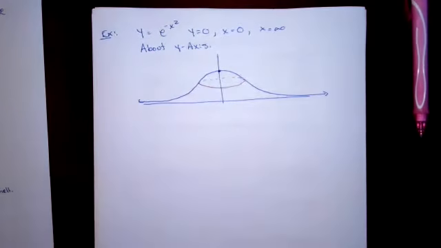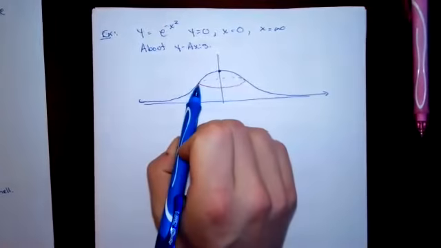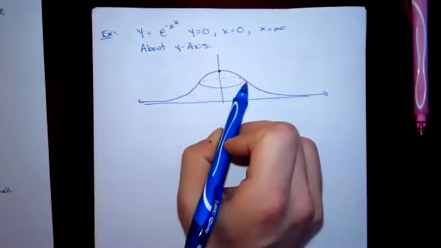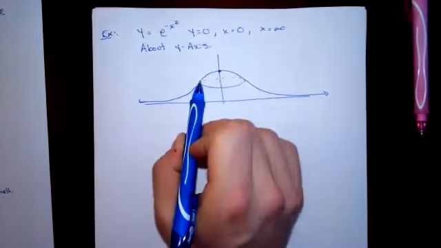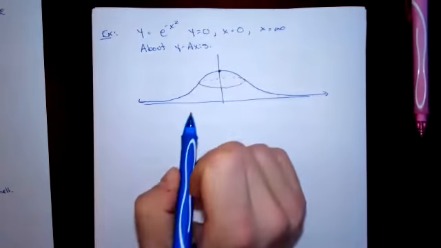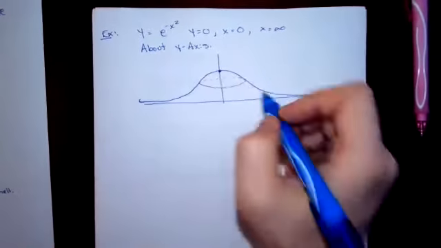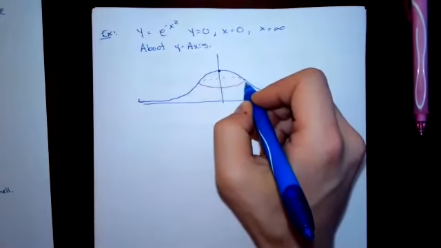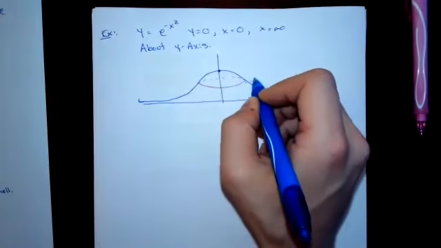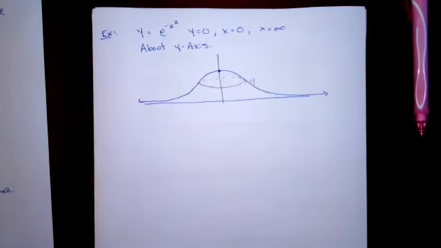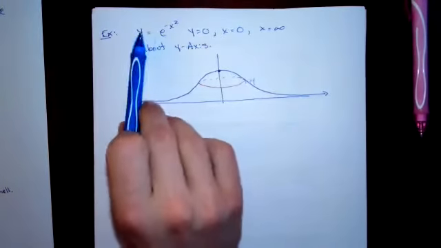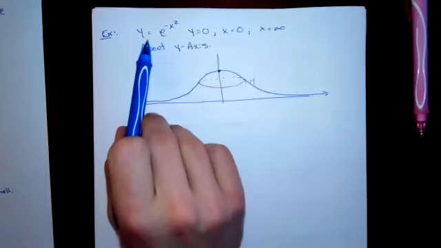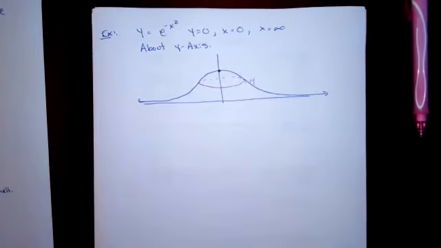And so we could try to think, again, what's going on with this guy in terms of the washer method, or even the disk method in this case? There's no hole in the middle. The problem is, if I use washers, the height of the washers would be dy, which means I would need to solve this equation for x, which we can do, but it's not going to be pretty.